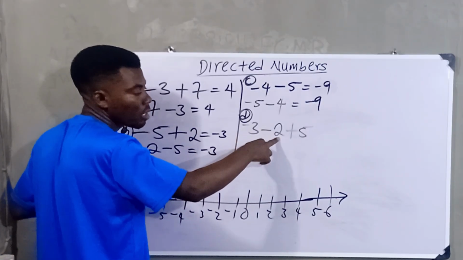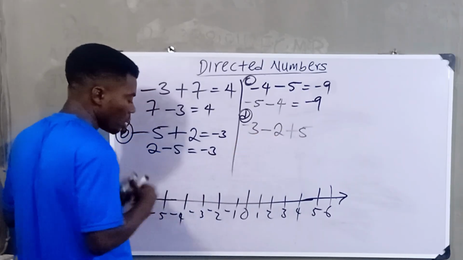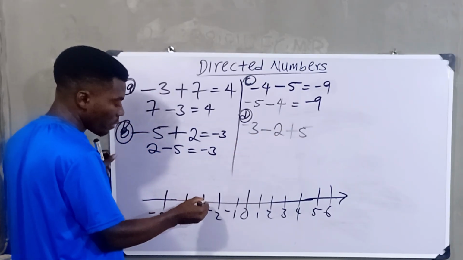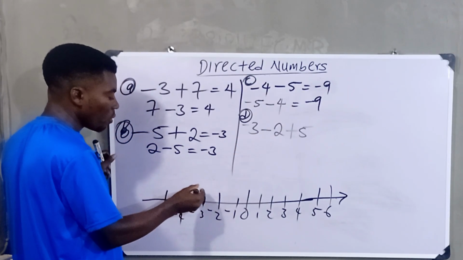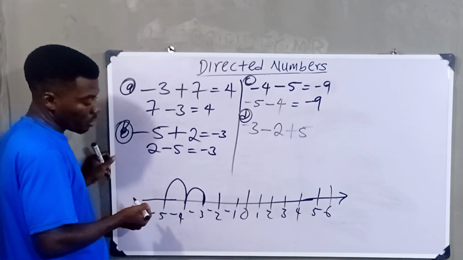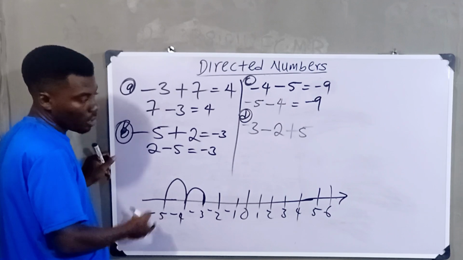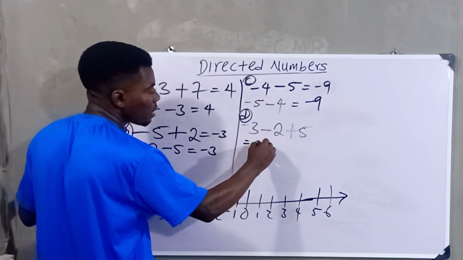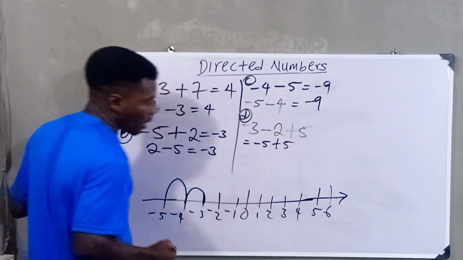So you locate negative 3 on your number line, which is this, and then move towards the left by 2 times. So this is negative 3, and then we'll move 1 and 2. That will give us negative 5. So in other words, what we have here is negative 5 plus 5.